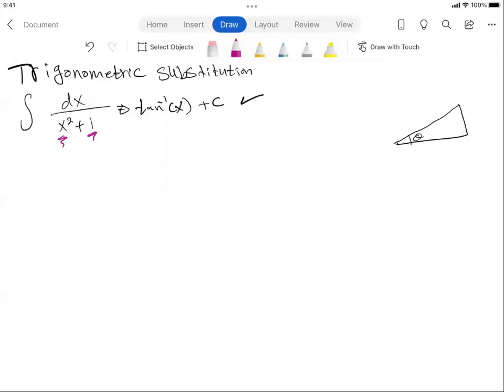So if I put those on the triangle that I drew, say this side is x and this side is 1, then using the Pythagorean theorem, the hypotenuse is going to be x squared plus 1, all underneath a square root.